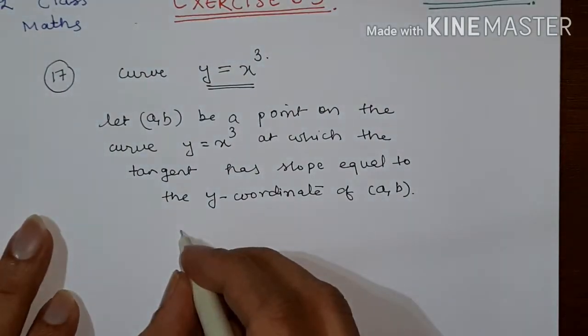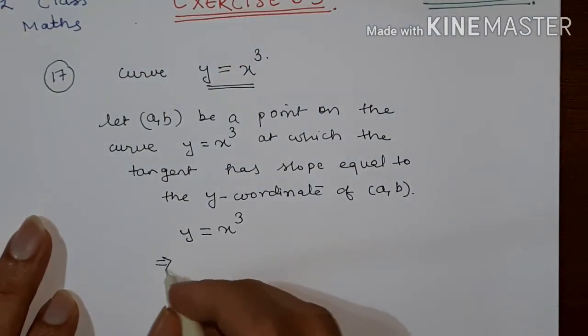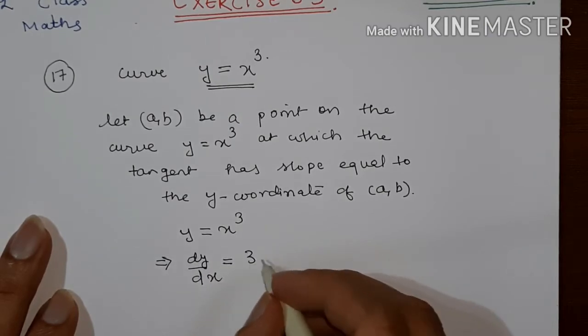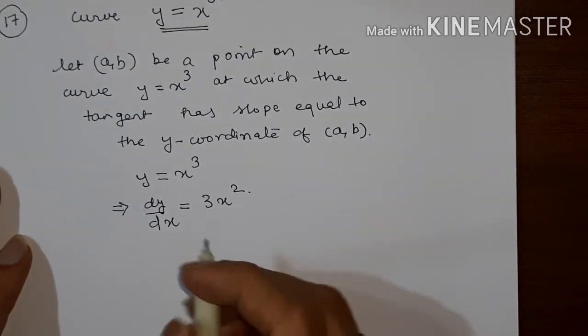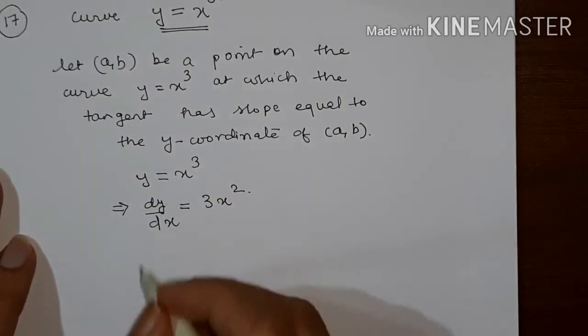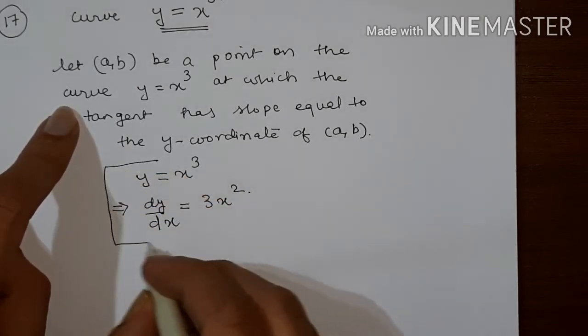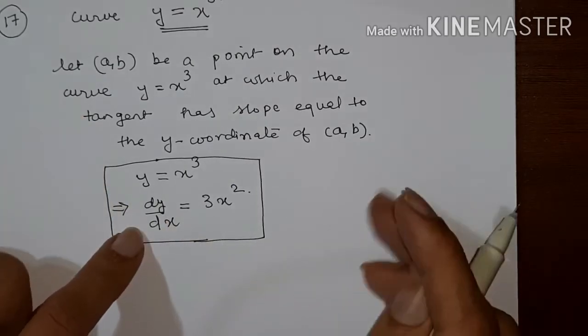Since y is equal to x cube, dy by dx is equal to 3x square. This we have found out, and later we will use it.